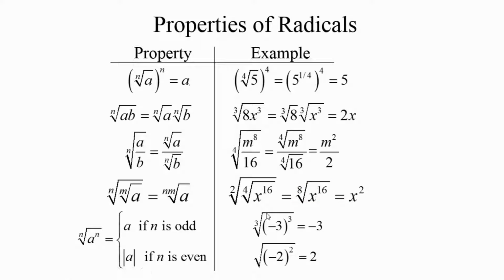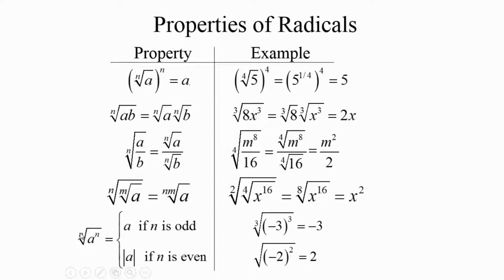That's where that number comes from. Finally, it says the nth root of a to the n power is a if n is an odd number, and the absolute value of a if n is an even number. So it's going back to the first one and explaining this a little bit.